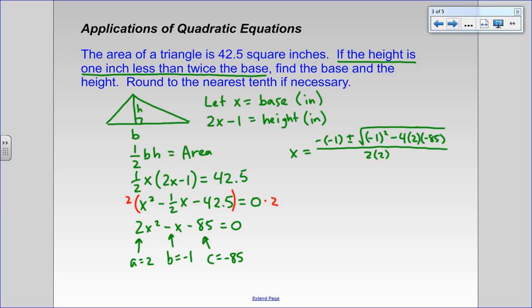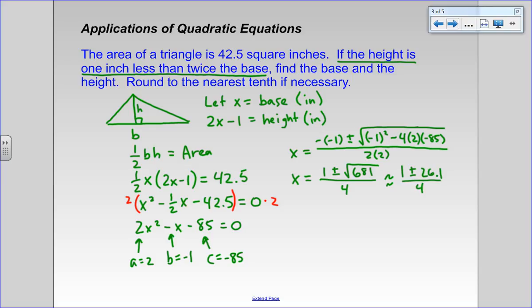If we do some simplifying further, we have x equals 1 plus or minus the square root of 681, all over 4. Square root of 681 is not a perfect square, but we can approximate it with a decimal. Rounding to the nearest tenth, we would have 1 plus or minus 26.1 over 4.